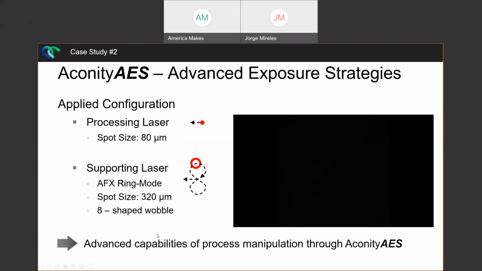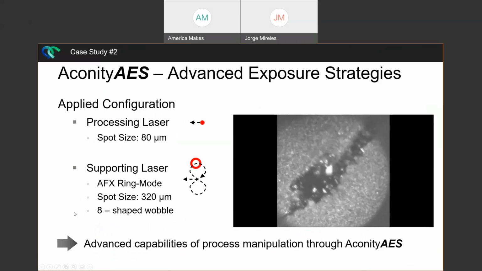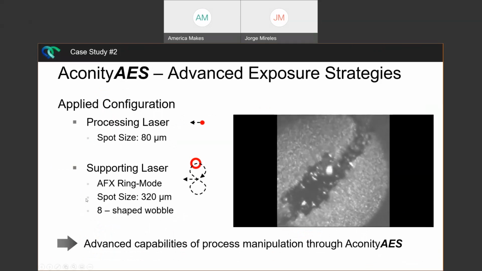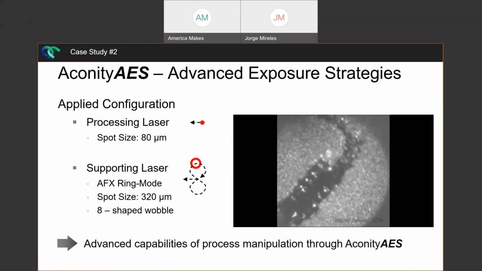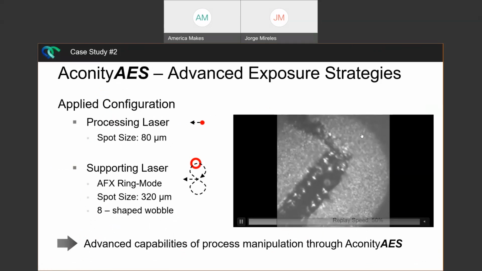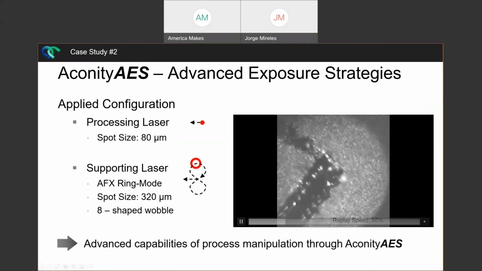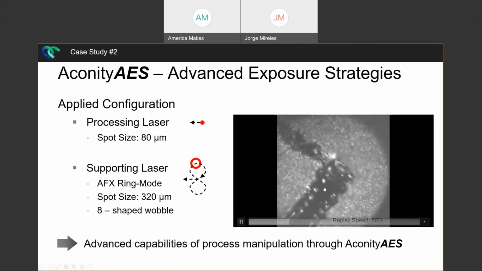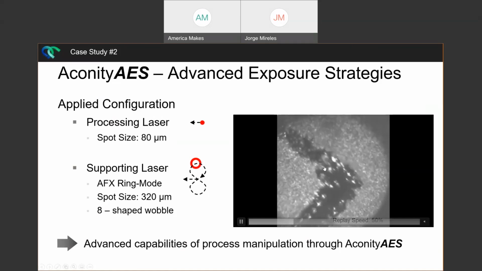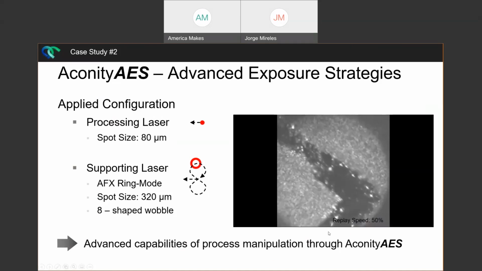So perhaps one of the most unique of these scan strategies was done recently with a fiber laser and an AFX laser working together, where one laser was scanning a typical laser vector, which you see here in the center of the video, right there. You see my mouse. While the AFX laser was following that first laser in an 8 or infinity pattern, right?